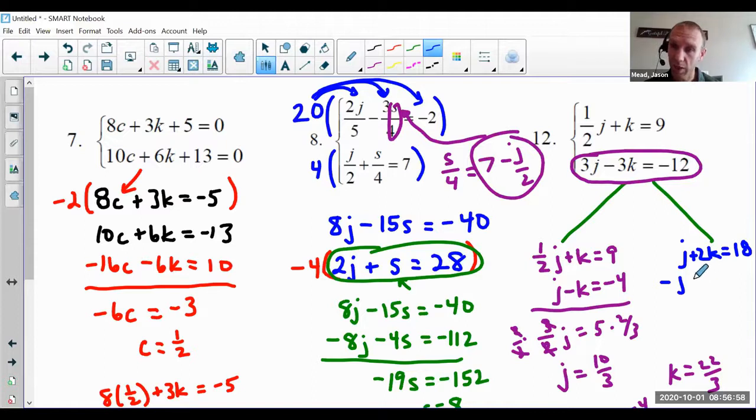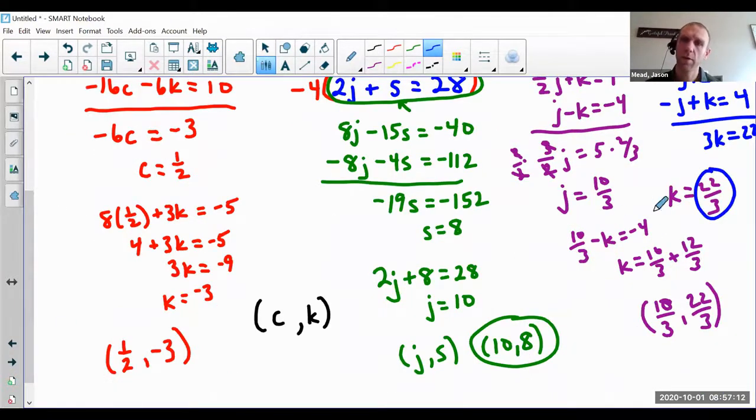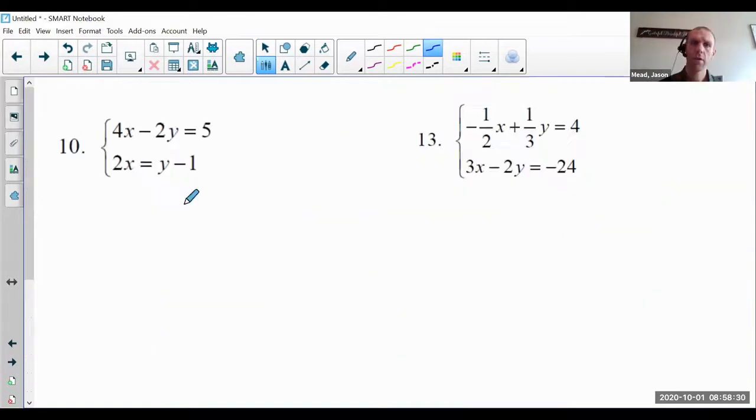So -j plus k equals +4. And then you get 3k equals 22. And then you would solve in the same way. You'd get k equals 22/3, plug that into one of the equations, and you'd get j equals 10/3. So 10 and 13 are kind of special cases.